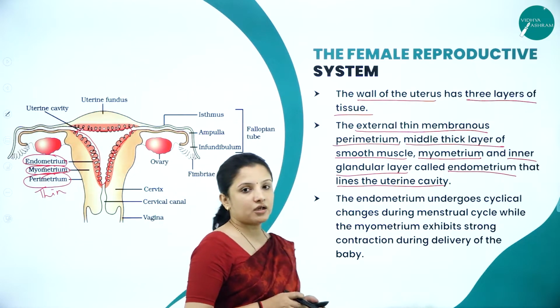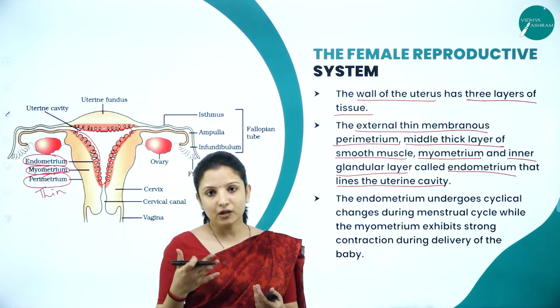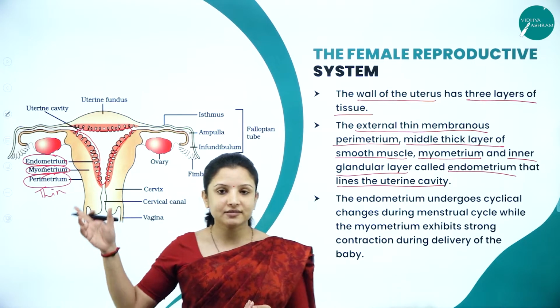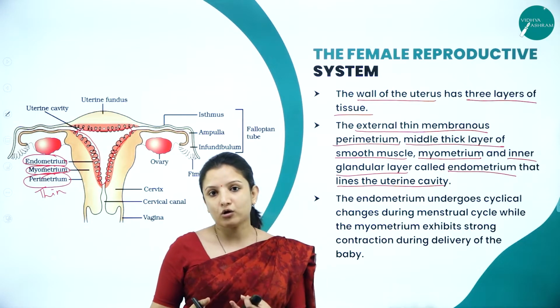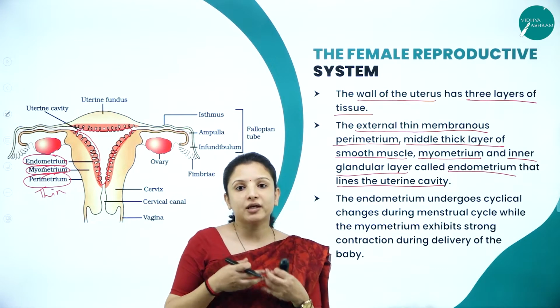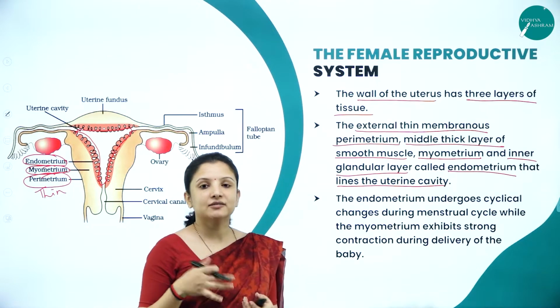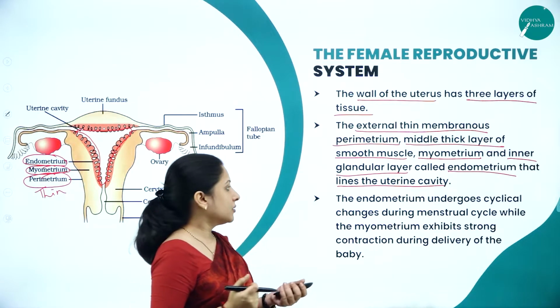The endometrium undergoes cyclical changes. When a woman has a menstrual cycle every month, it is this endometrium that sheds out of the body, mixing with blood, and leaves the body through the vagina. That is nothing but the menstrual cycle that occurs every month in a woman.